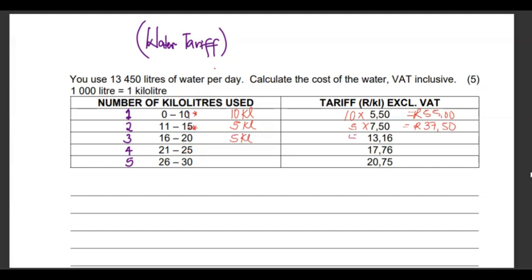We shall say 5 times 13, and we ended up having 65 rands 80 cents. Another 5, because we are looking at 25 minus 20.